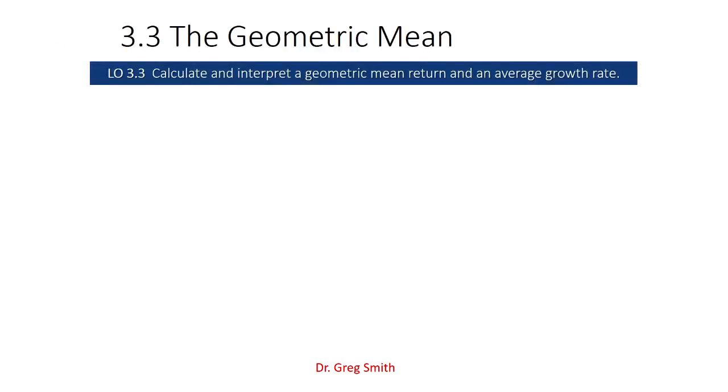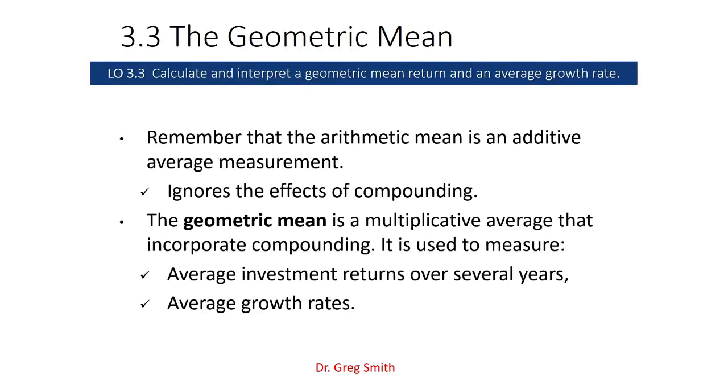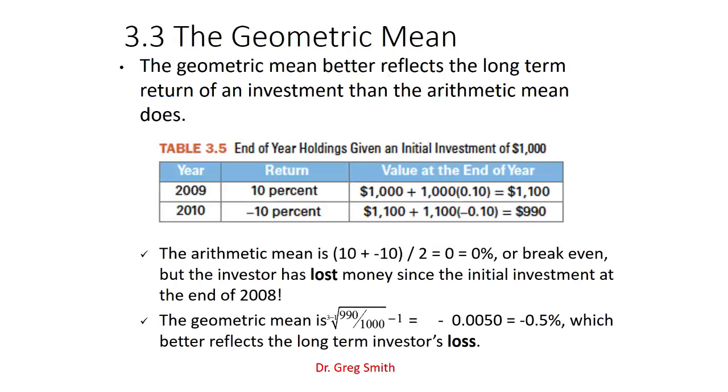Okay. The next is the geometric mean. I know we're covering a lot of different things, but the geometric mean is very important because it gets us away from what would normally be just the general arithmetic average, the arithmetic mean. This allows us to look at growth rates and investment returns.